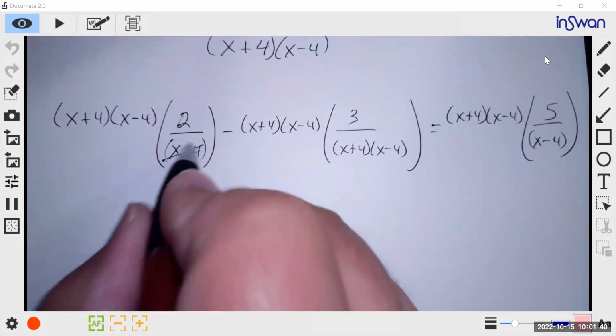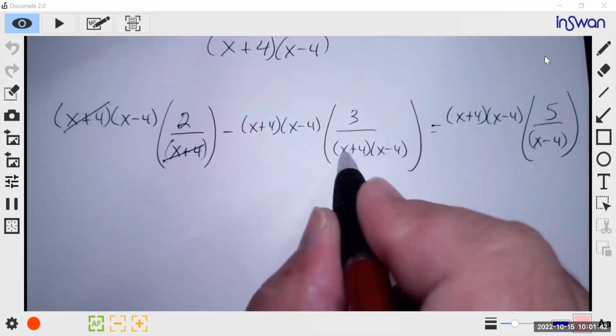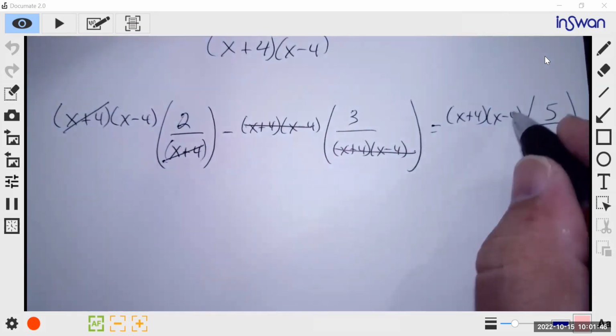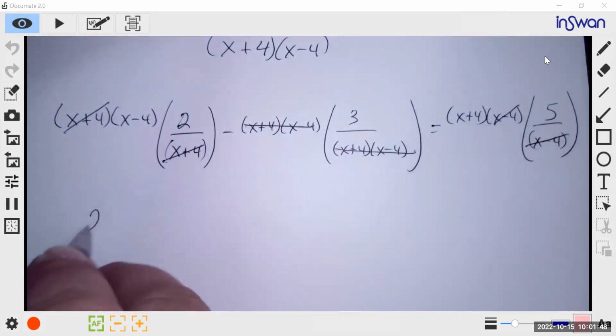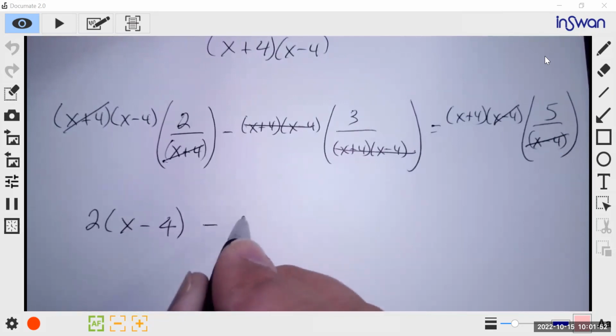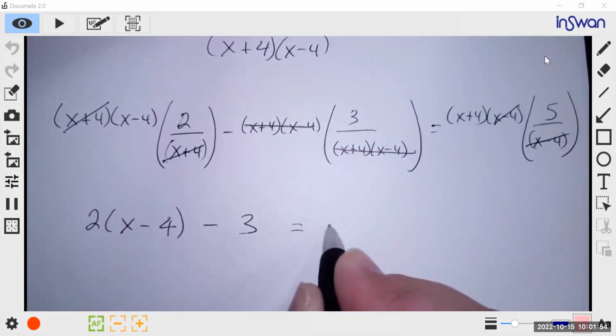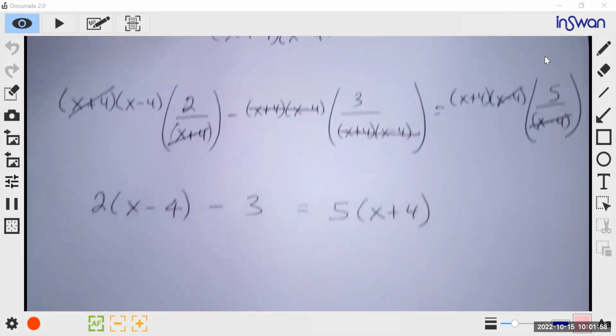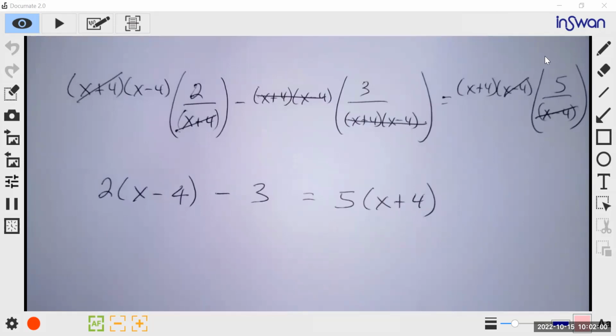Reduce, the x plus 4's cancel. And the x minus 4 cancels. So that's what I have left. 2 times x minus 4 minus 3 equals 5 times x plus 4.